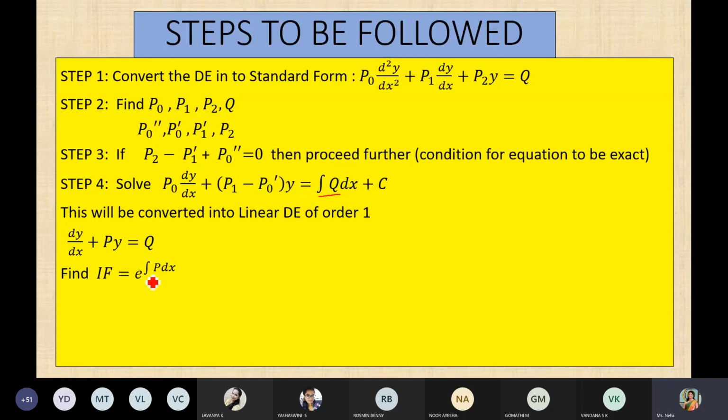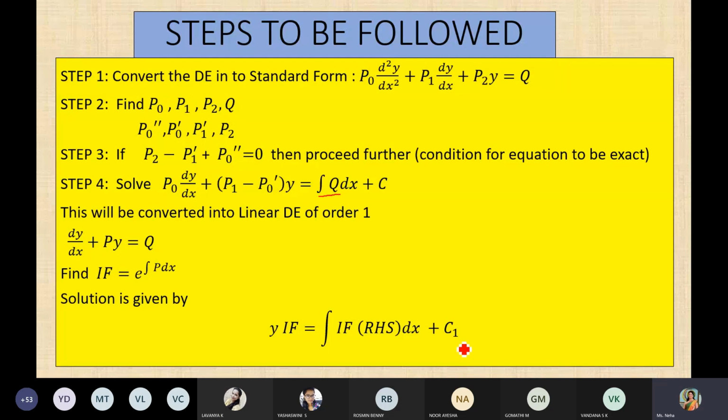If IF is e to the power integral p dx, then what will be the final solution? If you have the integrating factor, how will you find the final solution? Y into IF is equal to the integral of IF into RHS, whatever is there in your RHS, dx plus C1.